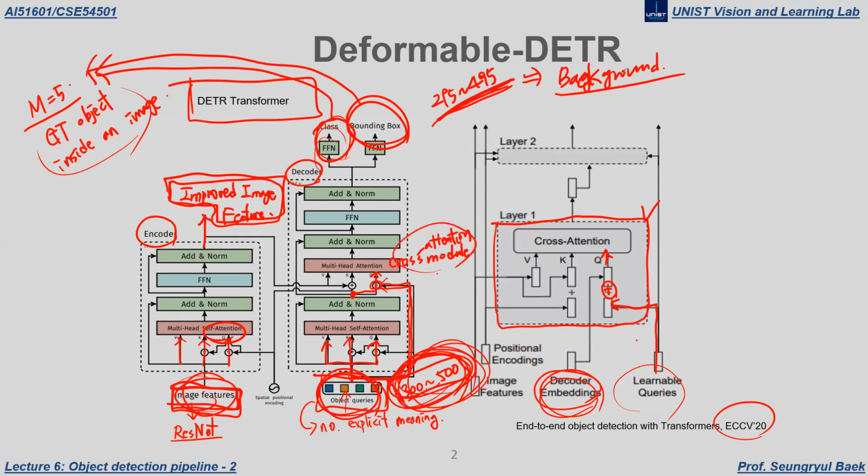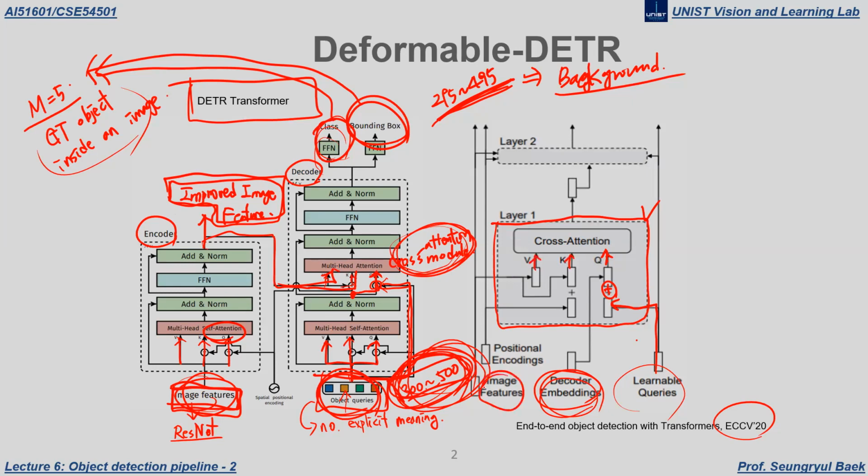And you may also remember that the reason this is called the cross-attention module is that the queries are from the decoder embeddings, but the values and keys are from the improved image features outputted from the encoder, right? And that is also visualized here.